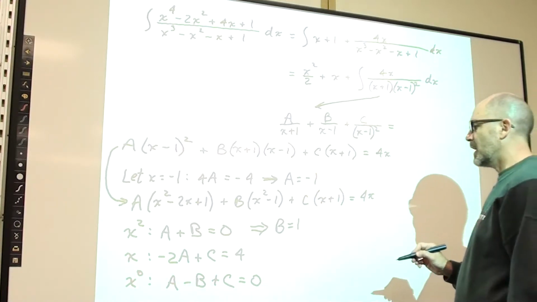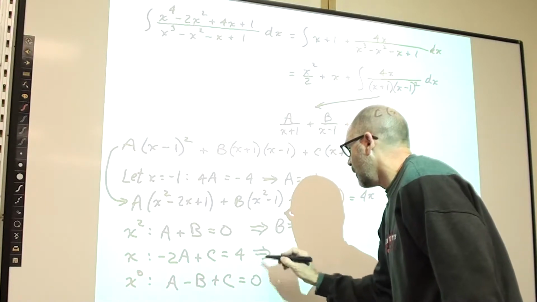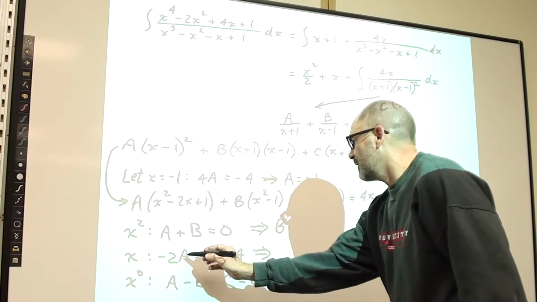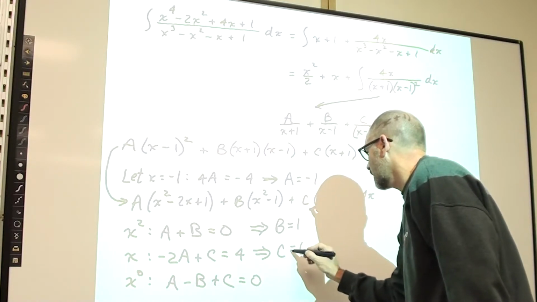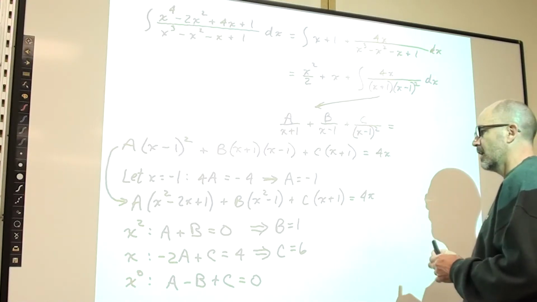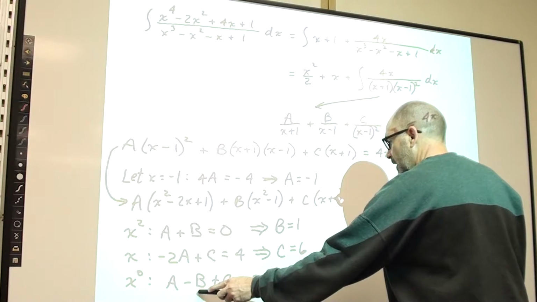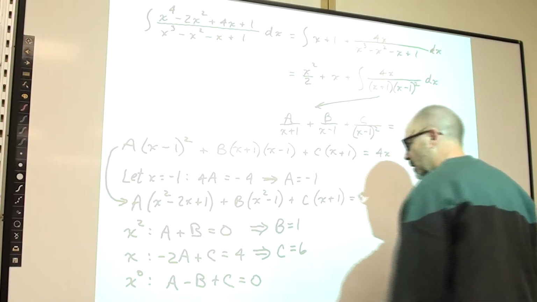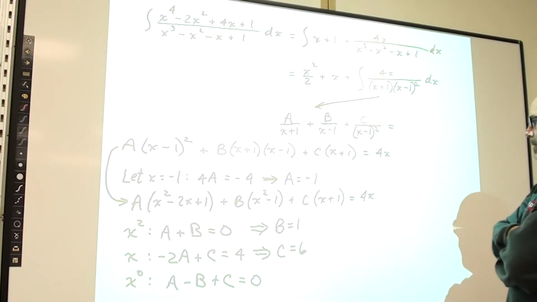And here again, I know A is negative 1, so that's negative 2 here. I add 2 to both sides, and I get C equals 6. Now I can test it. A, which is negative 1, minus B, something is gone awry.